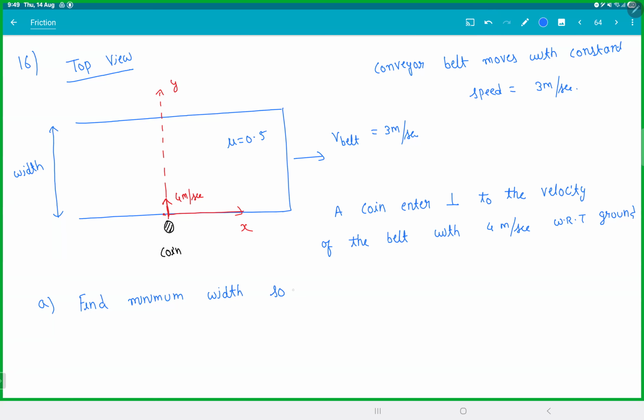Find the minimum width so that the coin does not cross the belt.